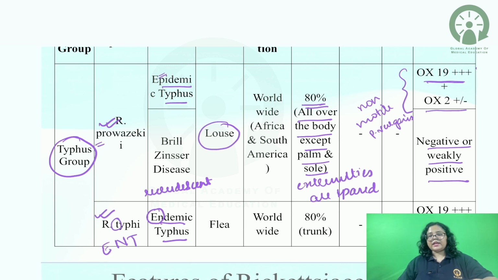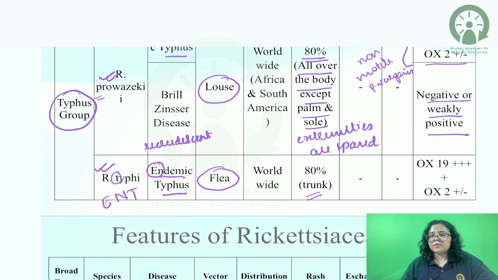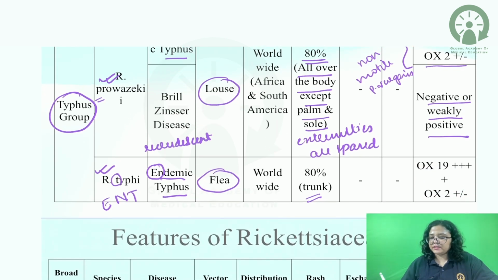So Rickettsia typhi is spread by the vector flea and has worldwide distribution, and here also the rashes are mostly in the trunk, sparing the extremities. What about the Weil-Felix reaction? It has a similar pattern. OX19 will be strongly reactive and OX2 will be either reactive or non-reactive. So this was about the typhus group.